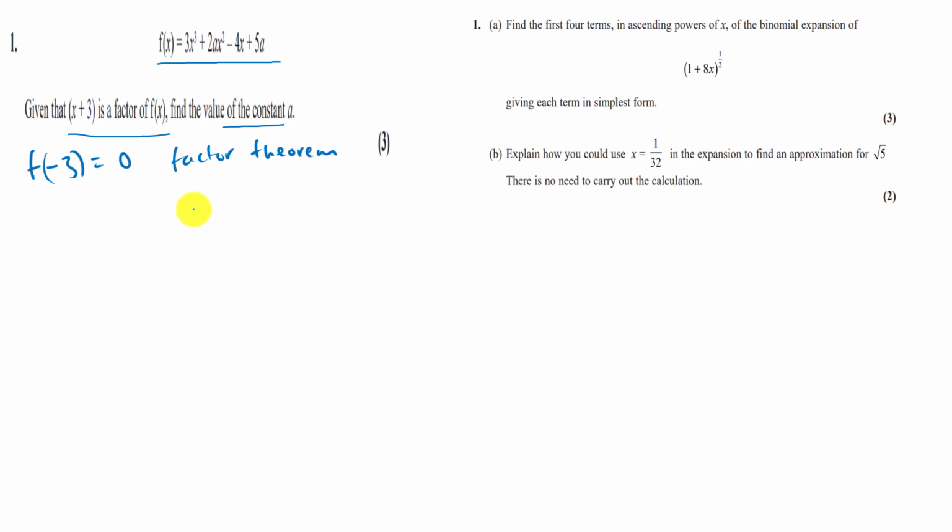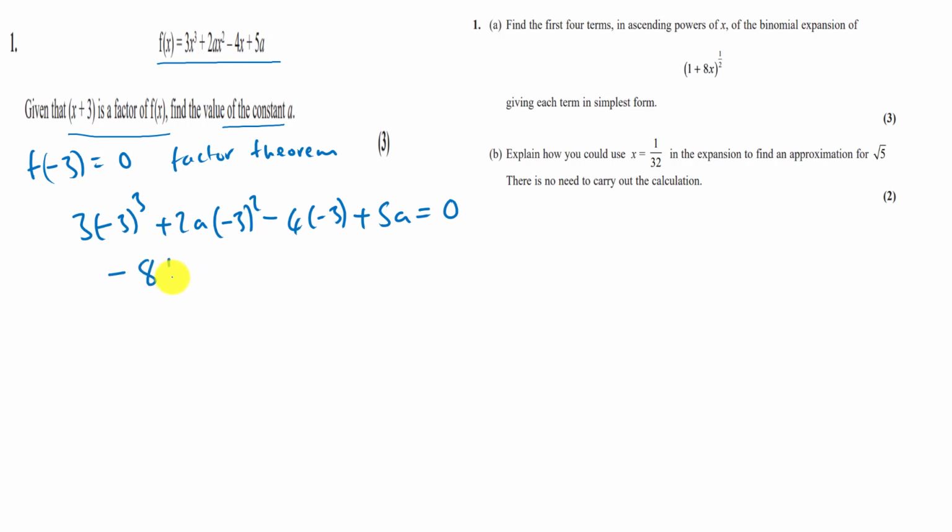Let's substitute that all in. Do show yourself substituting it in. So 3 times (minus 3) cubed plus 2a times (minus 3) squared minus 4 times minus 3 plus 5a equals 0.